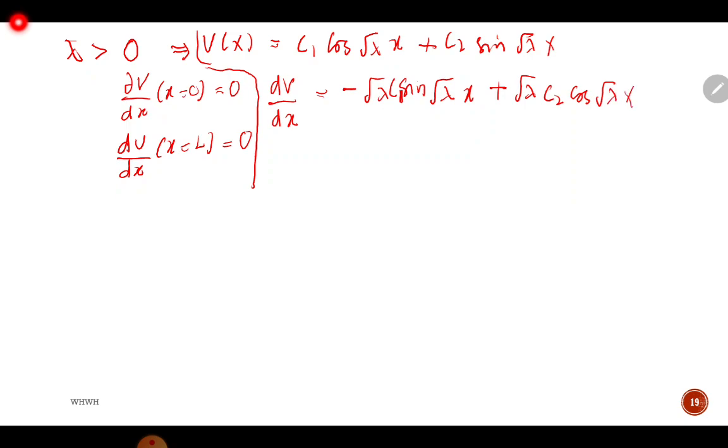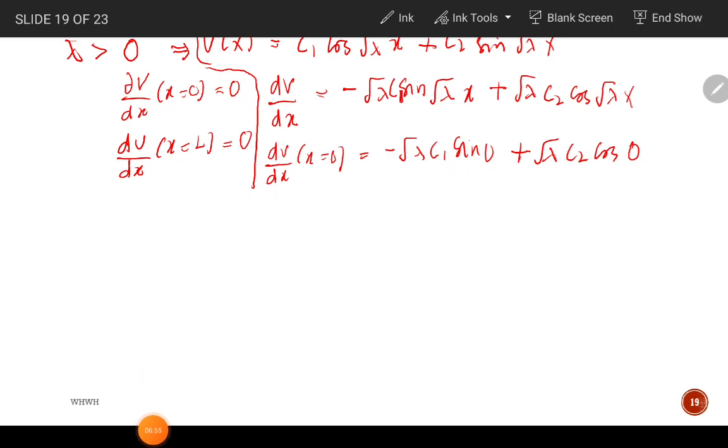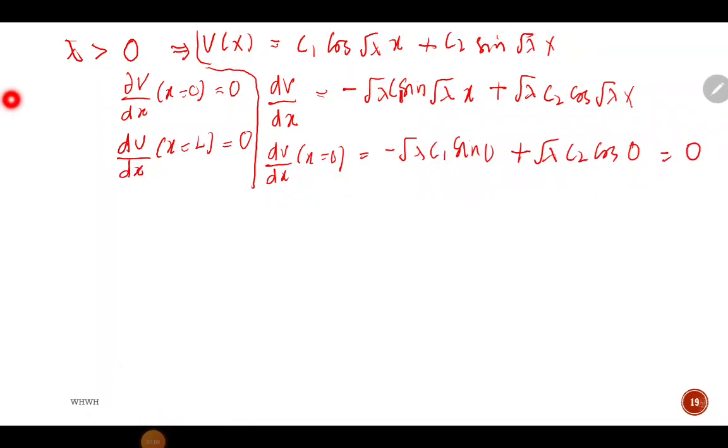Okay, so we substitute at x equals to 0, dv over dx at x equals to 0, then we have negative square root lambda C1 sin 0, and then plus square root lambda C2 cos 0, which is equals to 0.